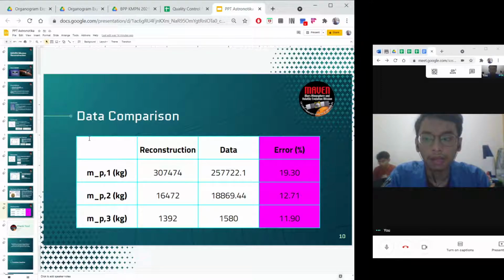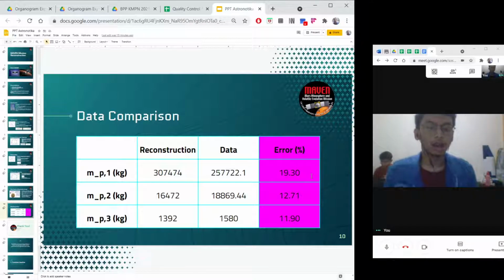For the propellant mass used to escape the Earth's gravity, the reconstructed calculation and the actual data have a difference of 13%, and for the capturing process, the error resulted is 12%.